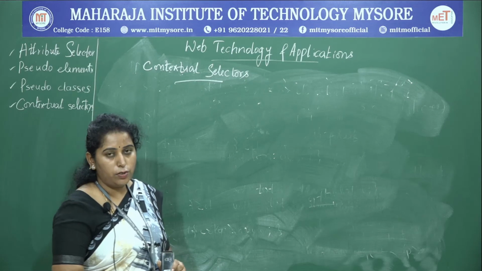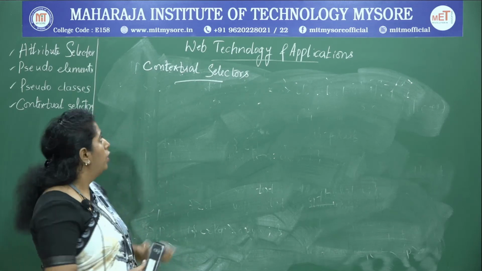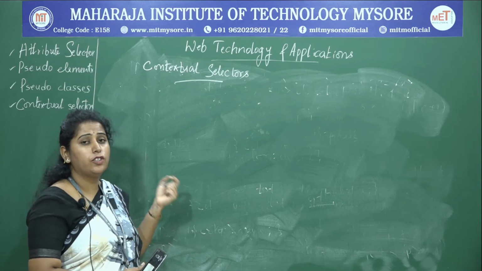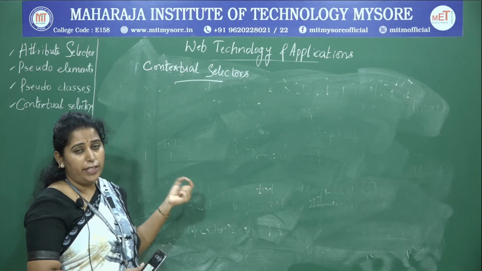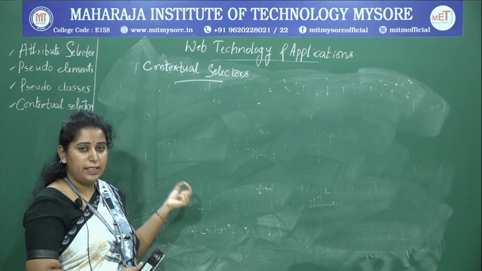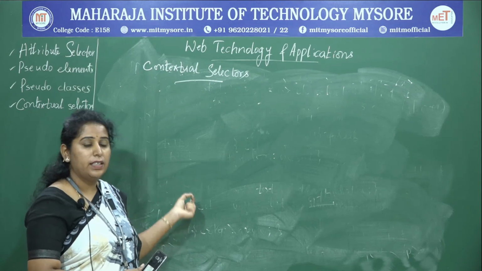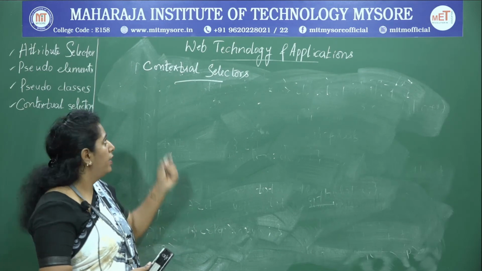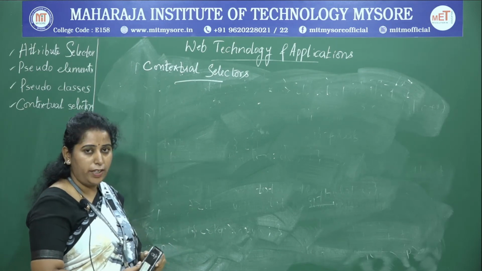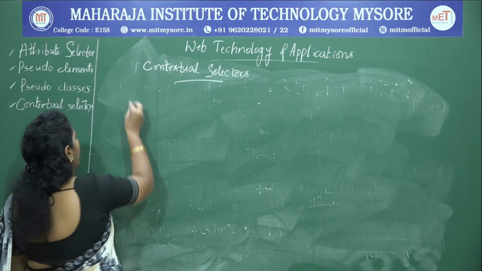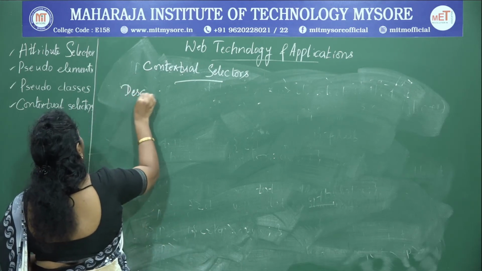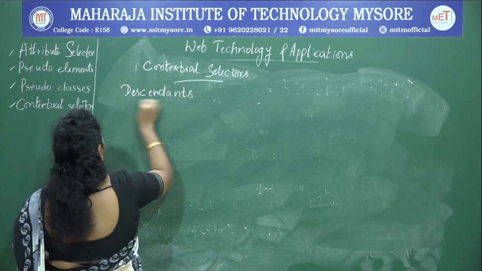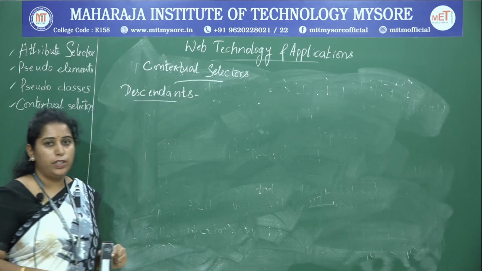Contextual selectors are also named combinators. These selectors select an HTML element based on their relations, for example ancestors, descendants, siblings, general siblings, and so on. There are different types of contextual selectors. First one I am talking about is descendants.